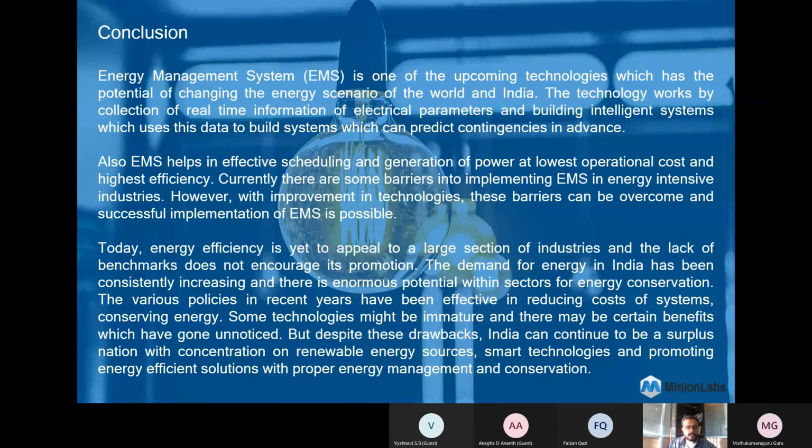Also, EMS helps in effective scheduling and generation of power at the lowest operational cost and highest efficiency. Currently, there are some barriers to implementation of EMS in industries. However, with improvement in technologies, these barriers can be overcome and successful implementation of EMS is possible.